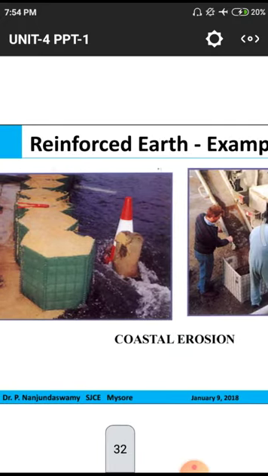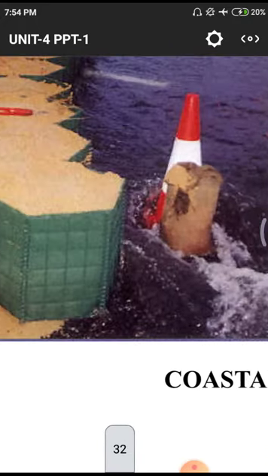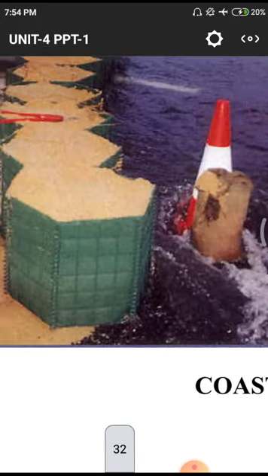Here we have to observe the total structure is using these kind of matrices. These matrices are filled with some quantity of soil or any other cheaply available material near the structure, since plastic will not dissolve in the water.